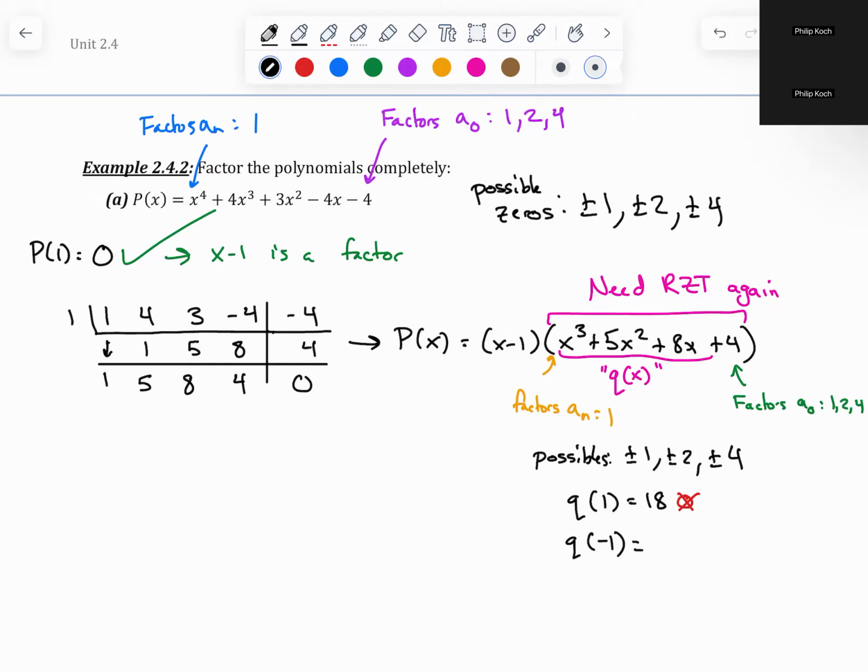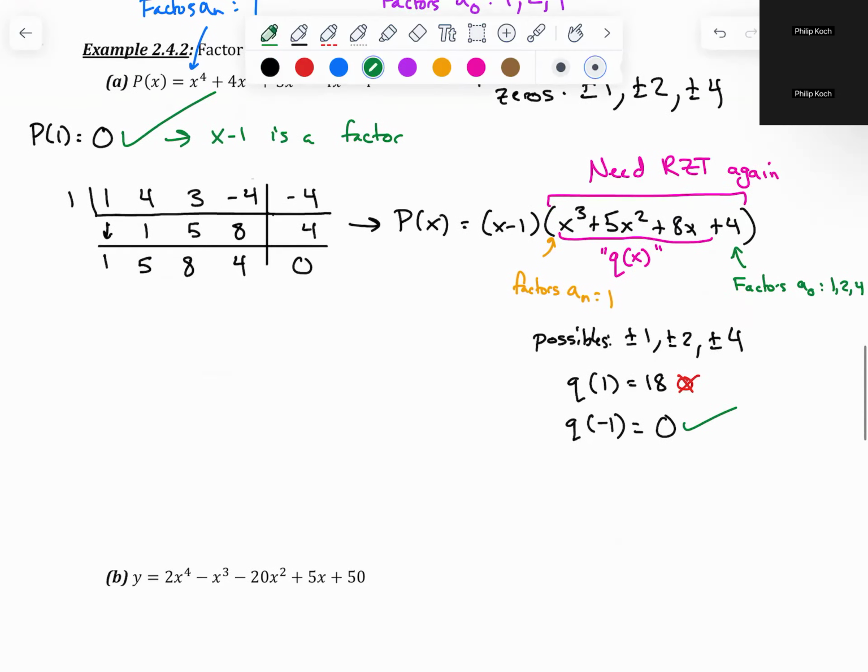So Q of negative 1, I'm just going to change all these ones in my calculator to negative ones. And I get 0. Sweet. All right. So I'm going to synthetically divide Q of x by x minus negative 1. So x plus 1 is a factor.